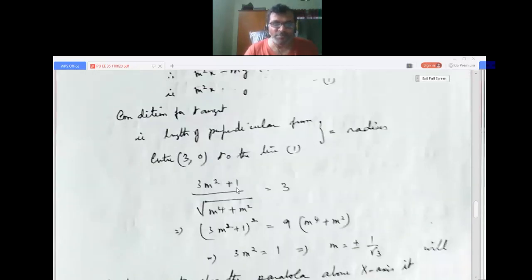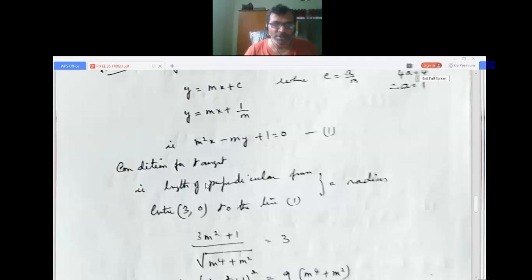Now the length of the perpendicular from 3 comma 0 will be (ax1 plus by1 plus c) divided by square root of a squared plus b squared. So here x is 3, so 3m squared, y is 0, plus 1, divided by square root of m squared squared, that is m power 4, plus b squared, that's m squared, equals 3.